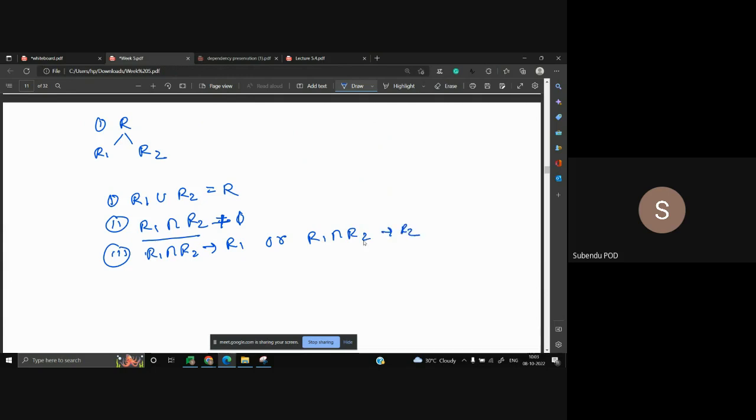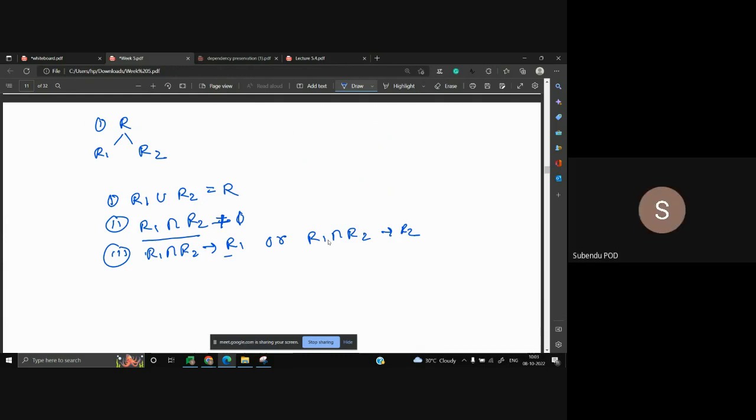Either this common attribute must be a key in R1 or R2. Up to this is clear. Yes, sir. Okay.